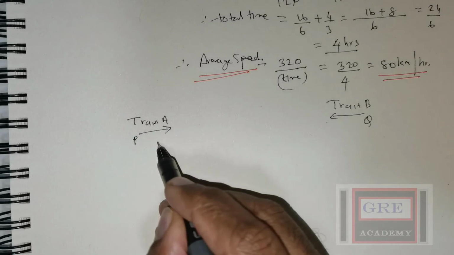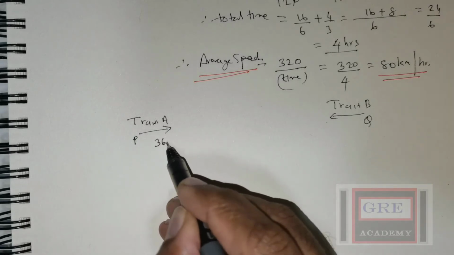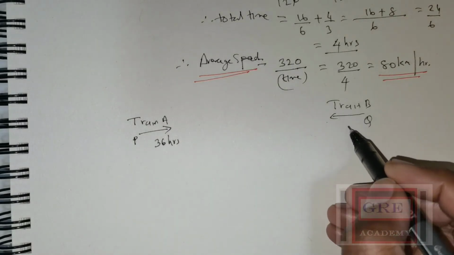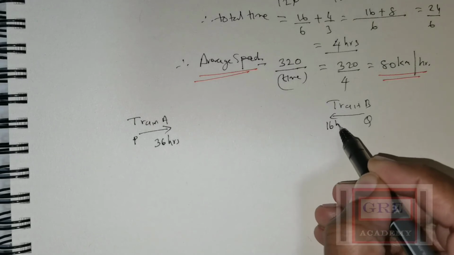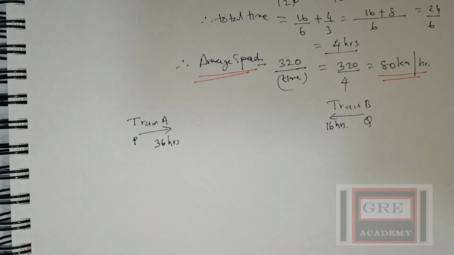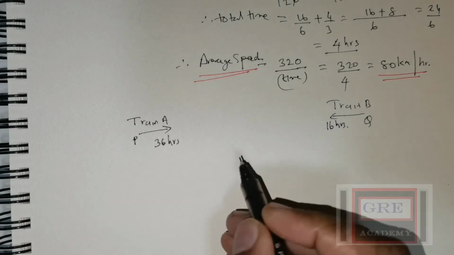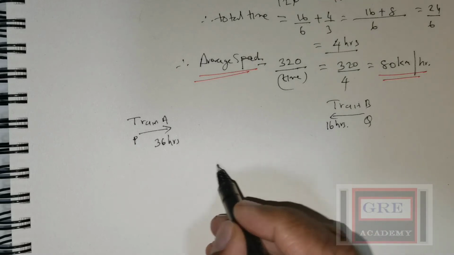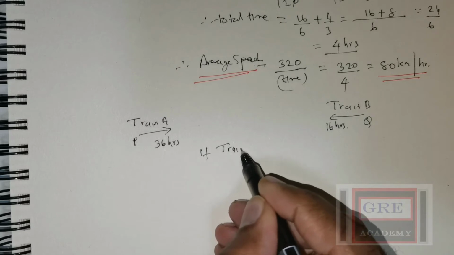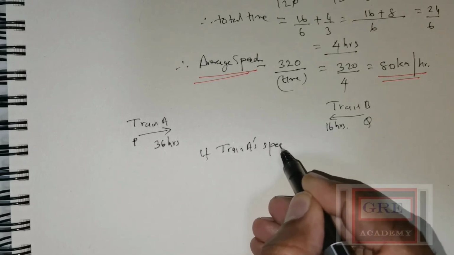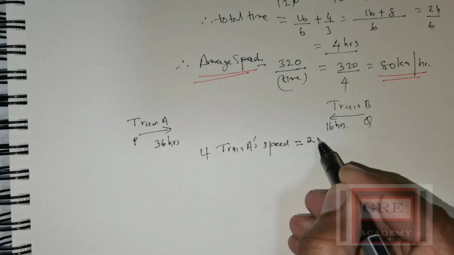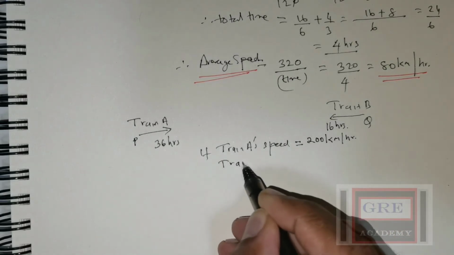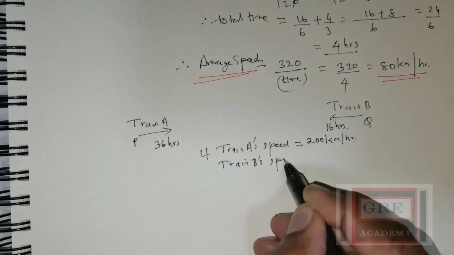Train A takes 36 hours to reach its destination, and train B takes 16 hours to reach its destination, and they cross each other at a certain point. Now the question wants us, if train A's speed is given to be 200 kilometers per hour, to find train B's speed.